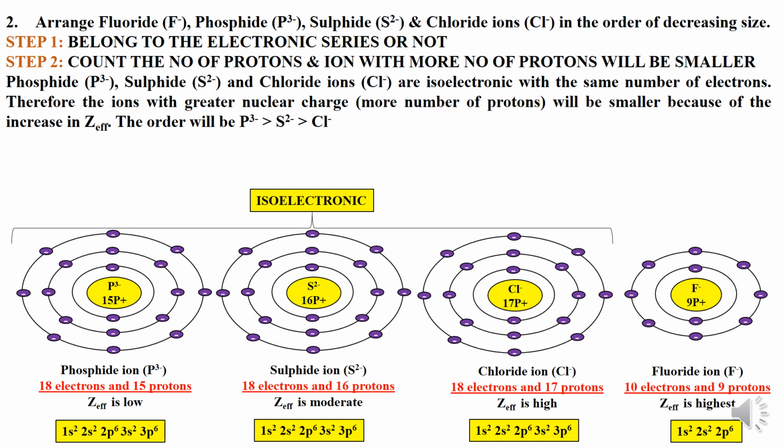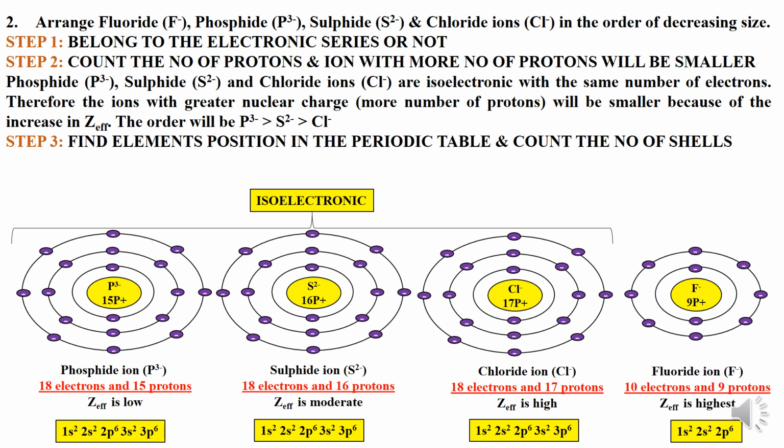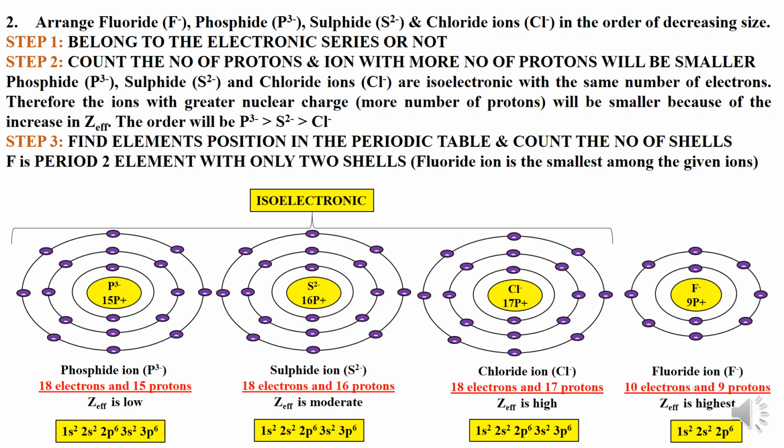It is not isoelectronic with respect to these 3 ions, and therefore move to the next step, that is find the element's position in the periodic table and count the number of shells. Fluorine, if you check the periodic table, is a period 2 element with only 2 shells, as compared to the phosphide, sulfide and chloride ions with 3 shells.